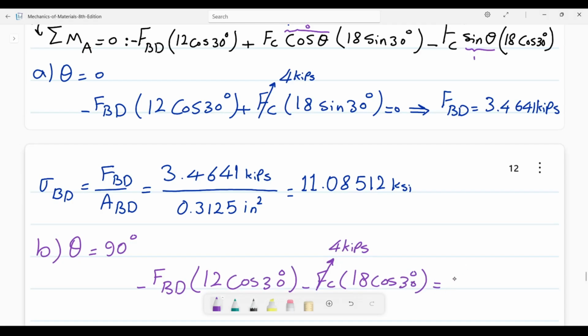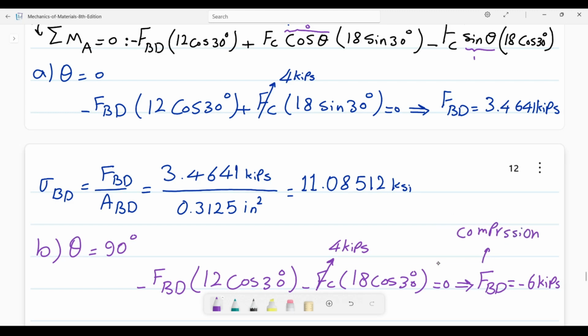Here equals 0, and here FBD is equal to minus 6 kips. Because of this sign, the FBD is compression.